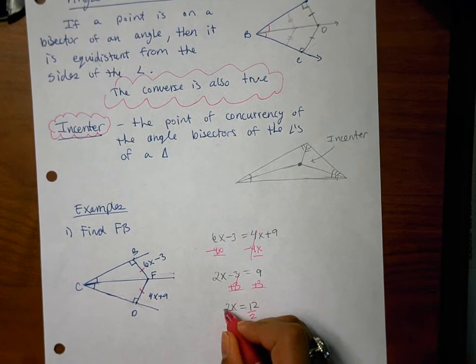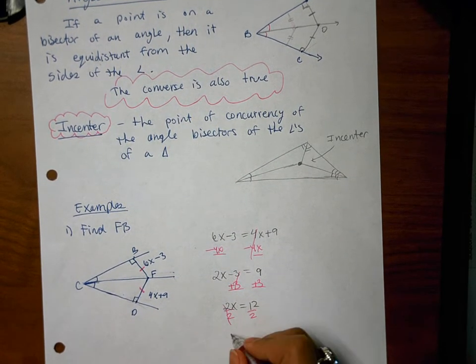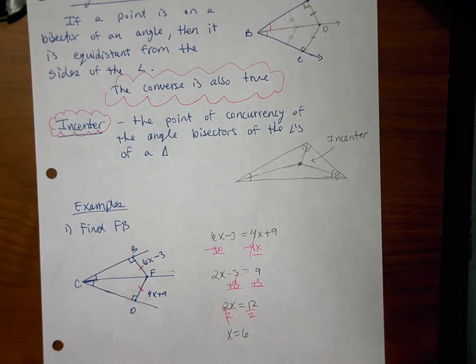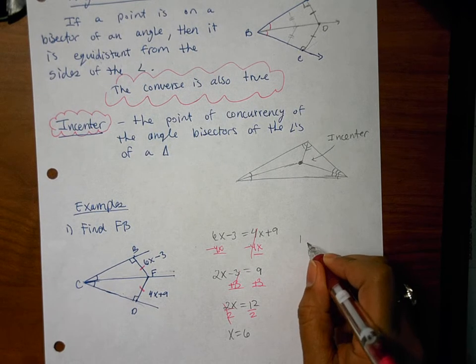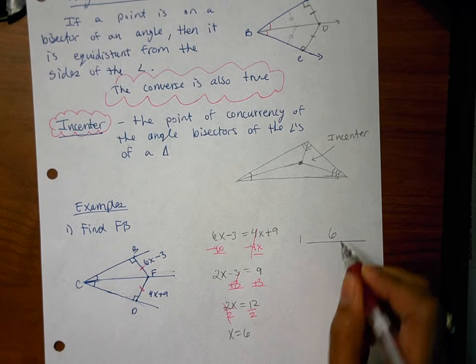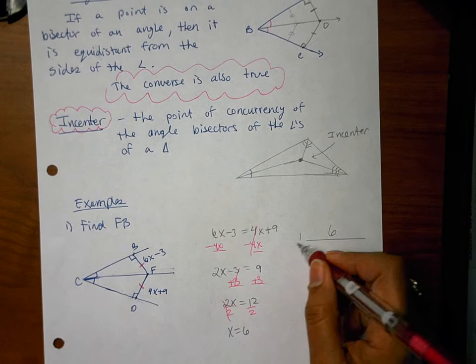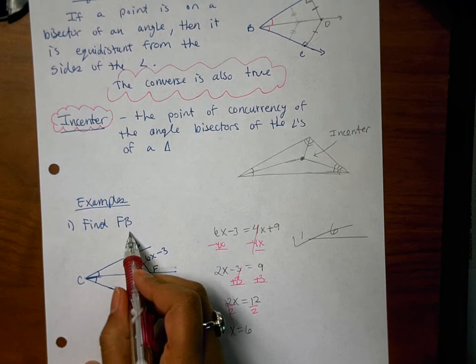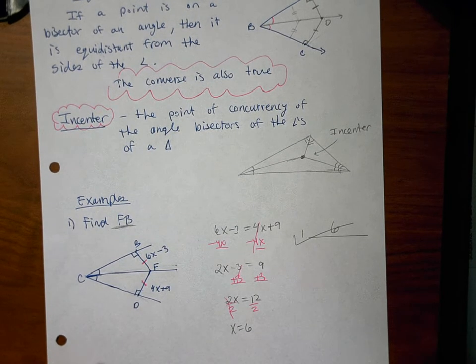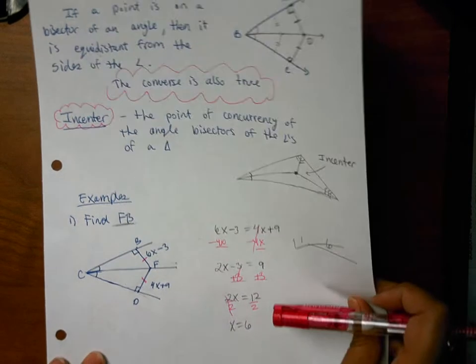Now be careful here, especially if it's multiple choice. X equals 6. If it's multiple choice and this is like letter A, 6, and you mark it, or if it's an open response and you put 6 on the test, I would mark this wrong. You'd get partial credit, but you would not get full credit because I'm not asking to find X, I'm asking you to find the length of FB. So just be careful with that.